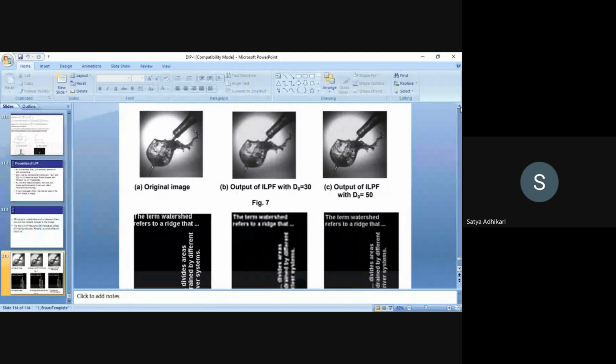You see there are some undesirable lines around the object. Please zoom in and you see there are some unpleasant lines around the object, and it is darker because D0 is 30, which is closer to 0.